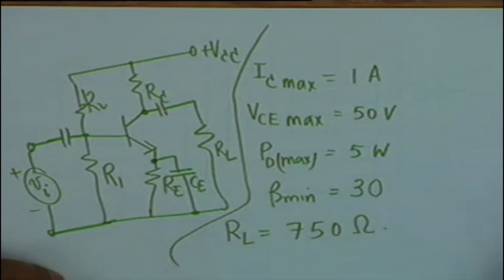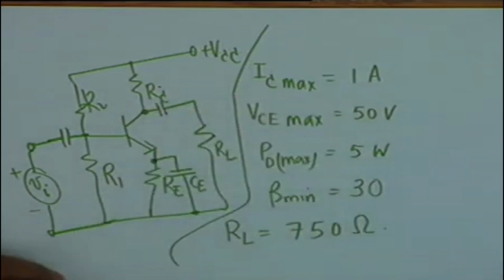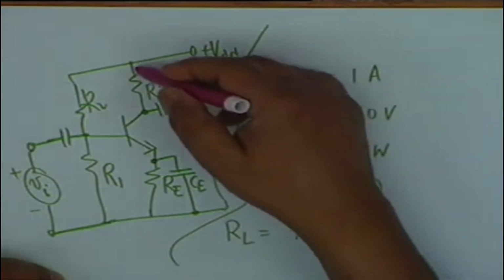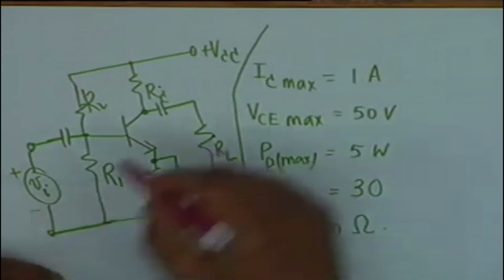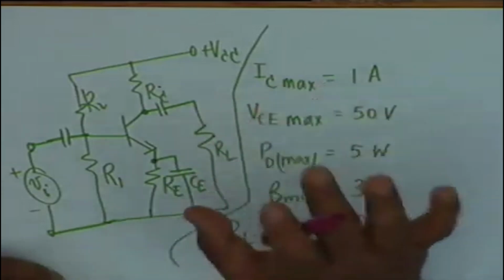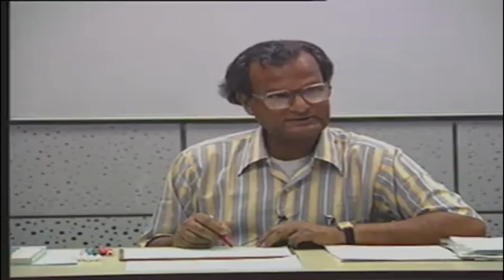The equivalent AC load obviously is the parallel combination of R sub C and R sub L, and we know RL, we don't know RC. RC is to be determined. All right. So some power will be wasted in RC, the rest of the power will go to RL, but what you pass to RL must be the maximum possible one. There is some power wasted in RE also because some DC passes through this.